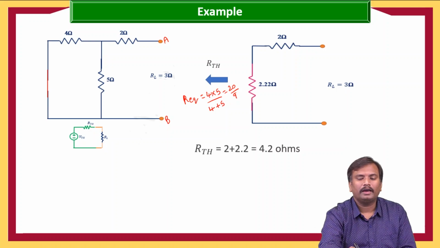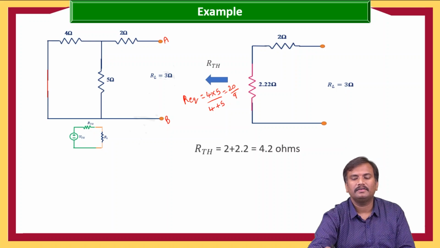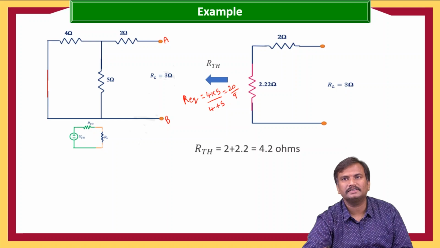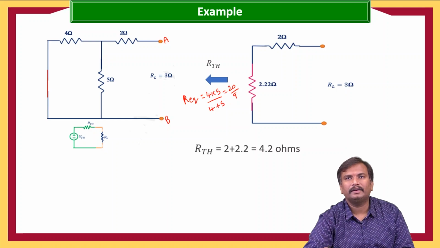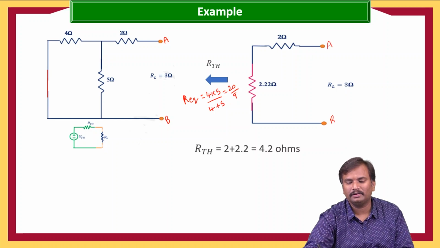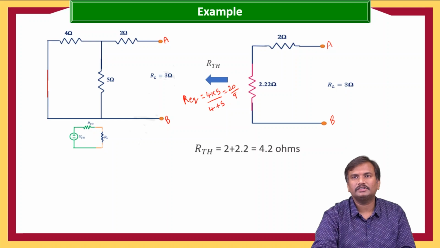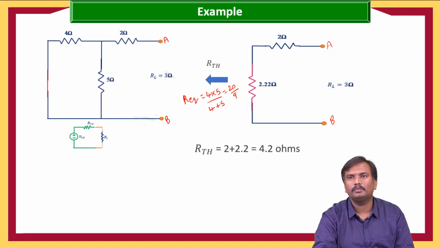Now I am replacing these two parallel resistances with a single resistance of 2.22 ohms, and that is connected with the 2 ohm resistance, and these are the load resistance terminals A and B. So RTH is equal to 2 plus 2.2, which is equal to 4.2 ohms.